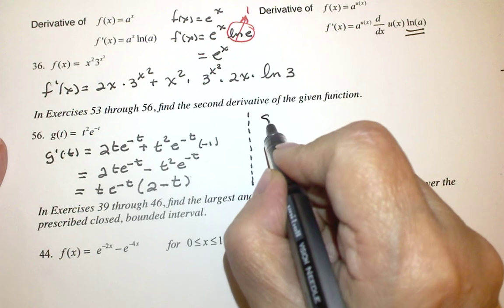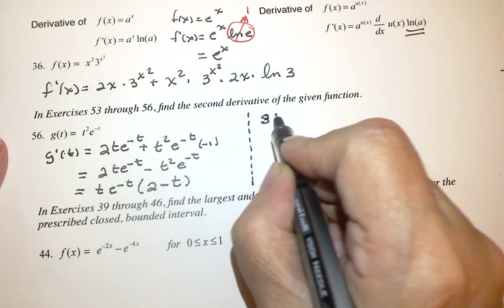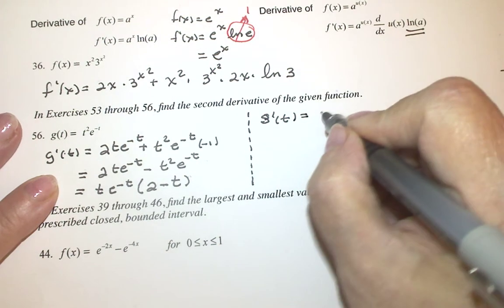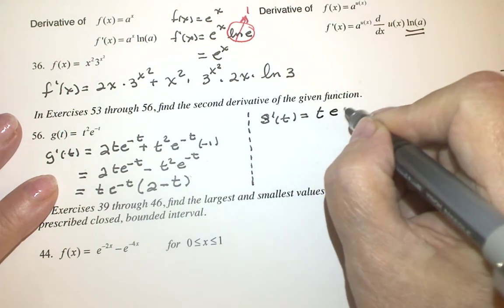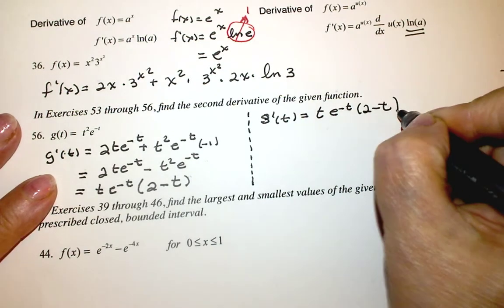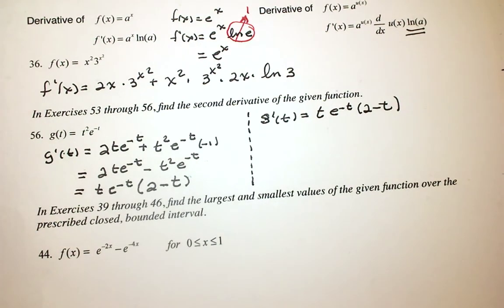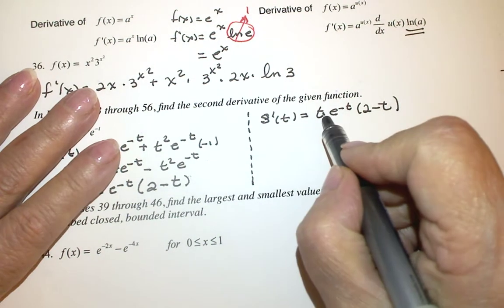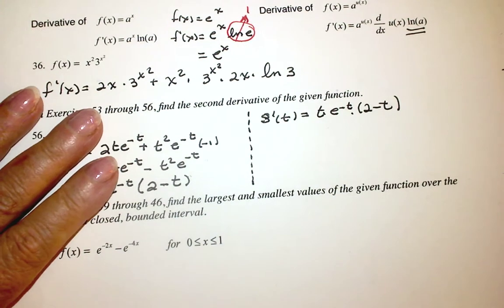So that says that g prime of t equals t e to the minus t times 2 minus t. You don't have a choice but to simplify. Now these are 3 things multiplied together.